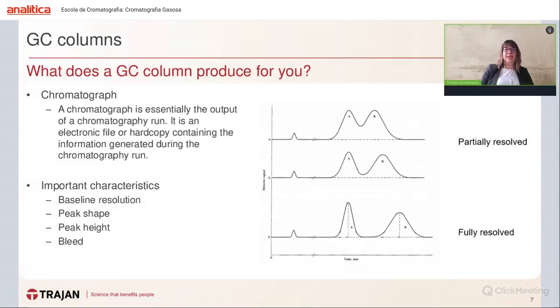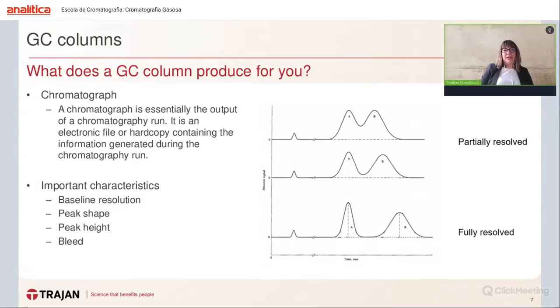As you can see at the bottom, after one peak is finishing off, our signal should go to the bottom, to our baseline, and then another should appear. As you can see here, in the two above examples, we've got two peaks present, but they are not fully resolved. We don't have a baseline resolution, and in this case, we are calling the peaks partially resolved.